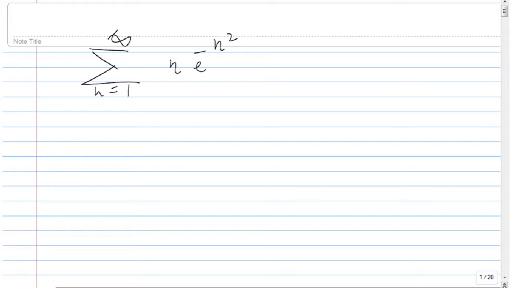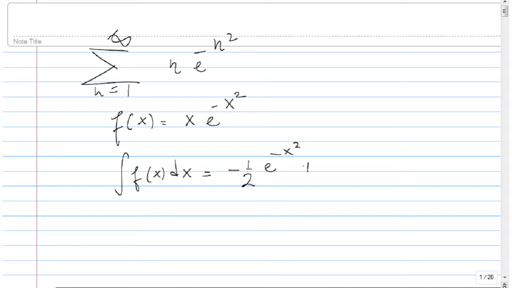But here, if we consider the function f(x) = x e^(-x²), then a simple integration by substitution will give us that the integral of f(x) dx, by putting u = -x², is equal to -1/2 e^(-x²) + C. This is a very simple substitution.